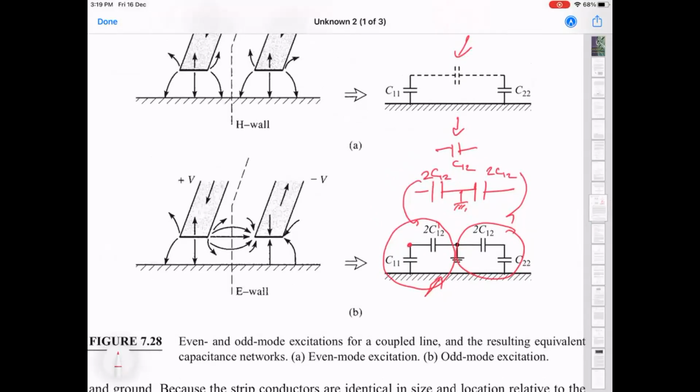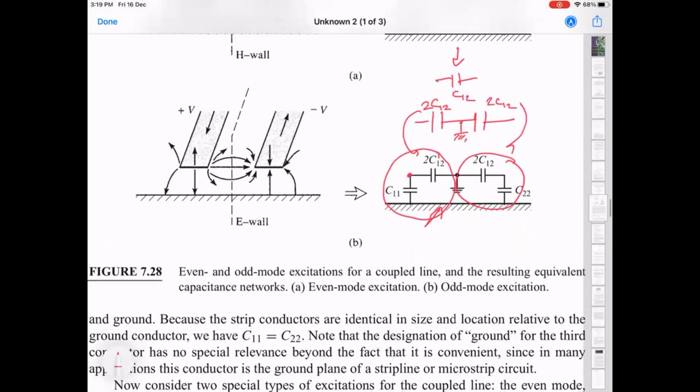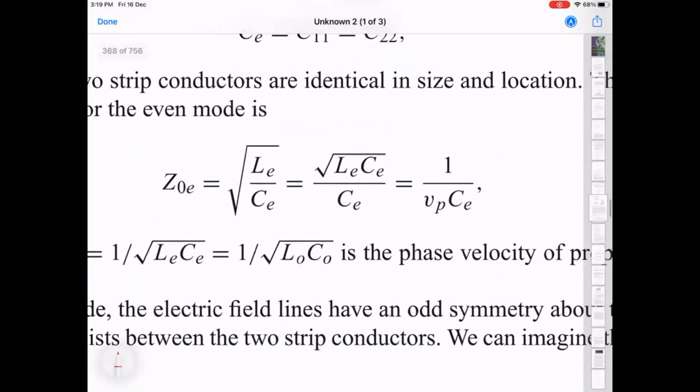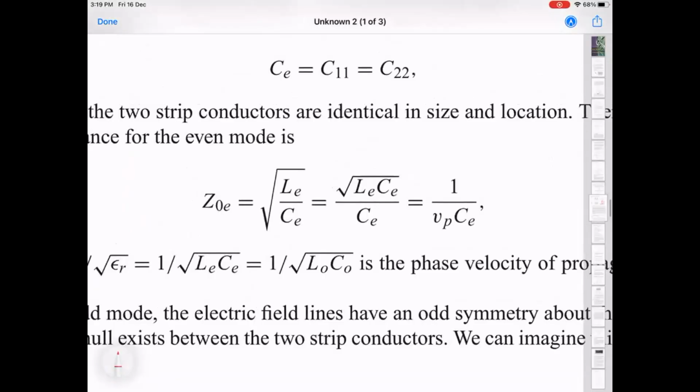This part is clear? So then you can go ahead and define these kinds of quantities for the even mode and odd mode.